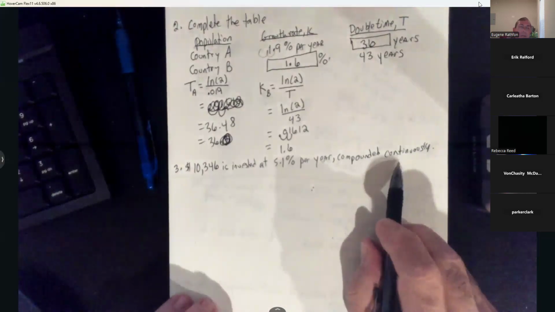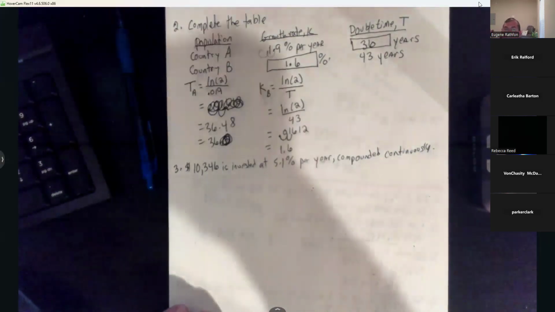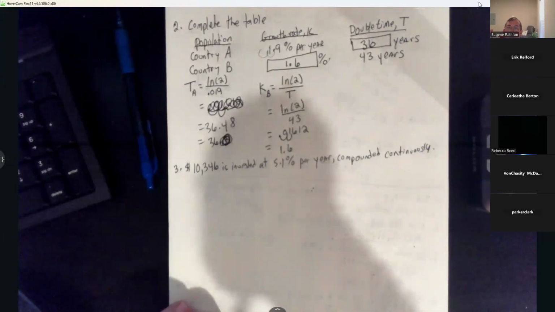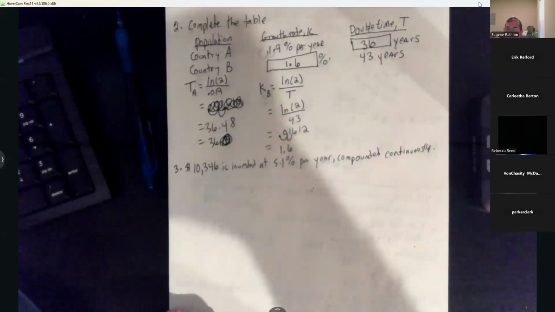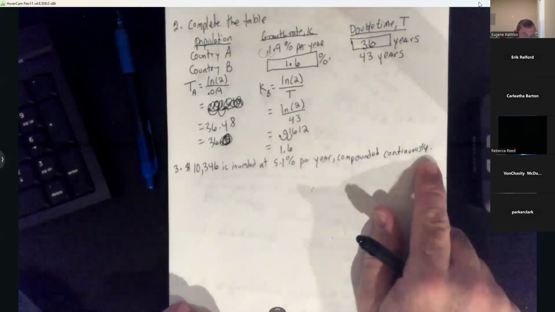So this is why I can't use the formulas I taught y'all in 9.3, because those were being compounded monthly, semi-annually, quarterly, and all that stuff. This is compounded continuously.